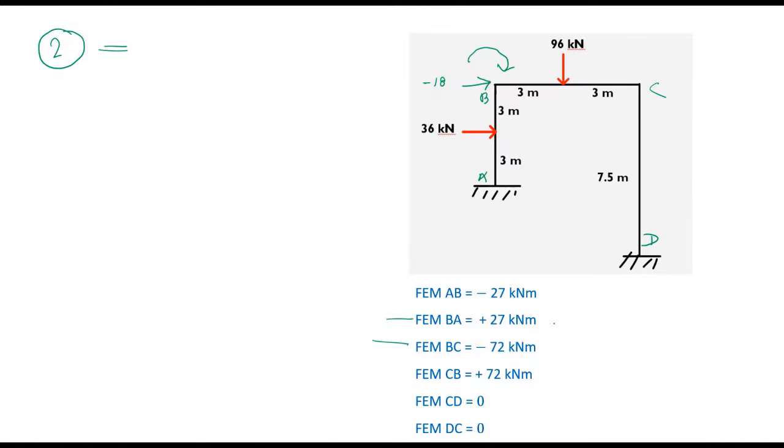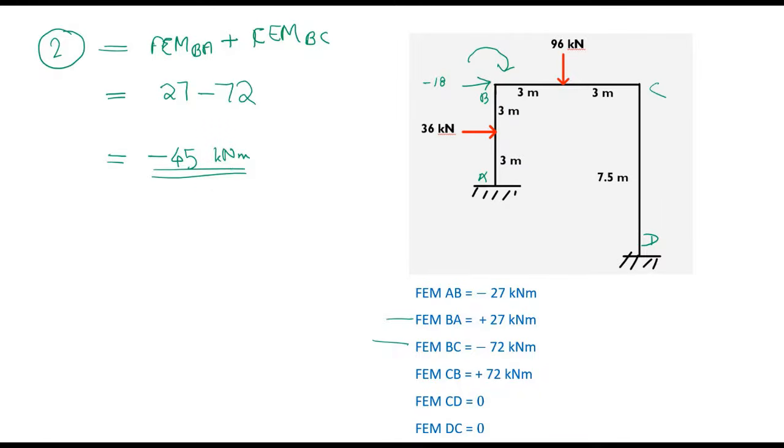Both are acting at B. So FEM BA plus FEM BC will give you the value of the second system coordinate. FEM BA is 27 and FEM BC is minus 72. So the value will become minus 45 kilonewton meter. This is the external moment value for the second system coordinate.